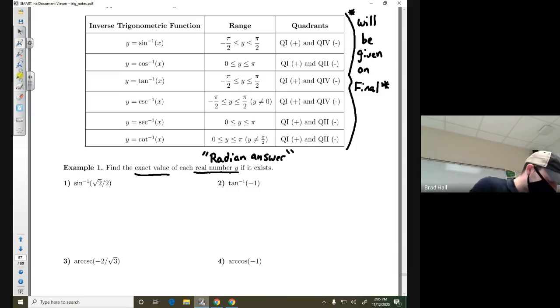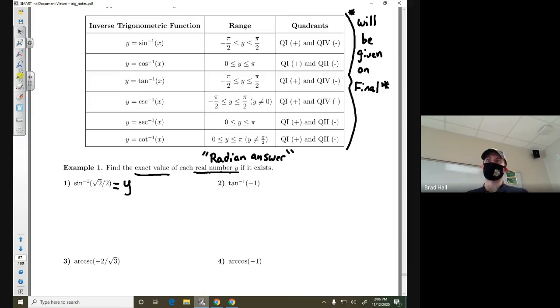I believe the first few homework questions say find the exact value of each real number y, so we will be providing the radian equivalent. Now for part 1, sine inverse of square root of 2 over 2, when it says the real number y, we're assuming that this whole expression equals y.